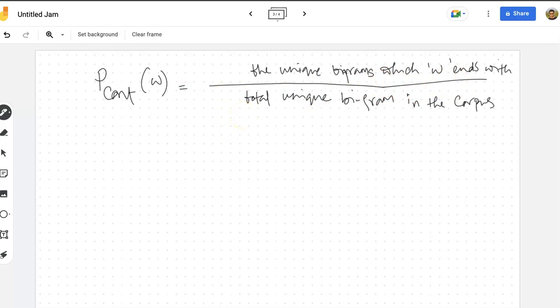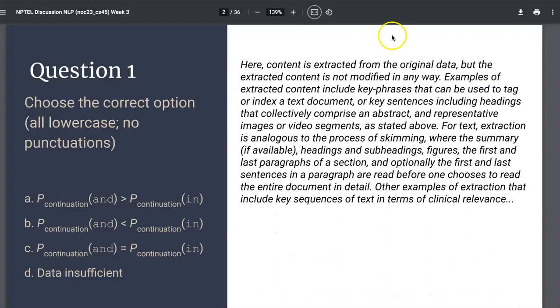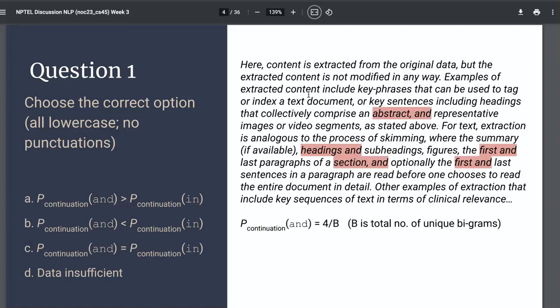Now let's see in the question how to solve it. First find the different bigrams where "and" is present. In this paragraph there are multiple places where "and" is present in a bigram, not just present but as the ending word.